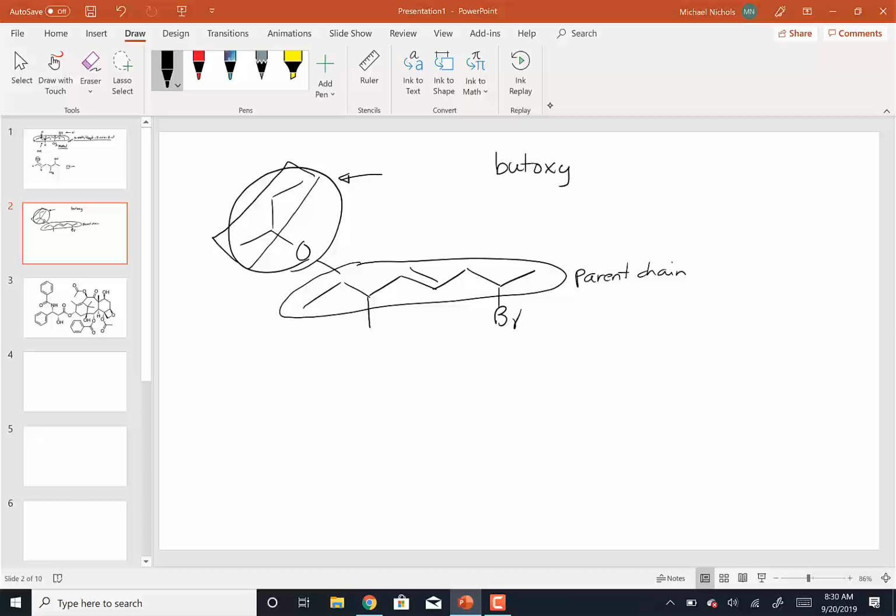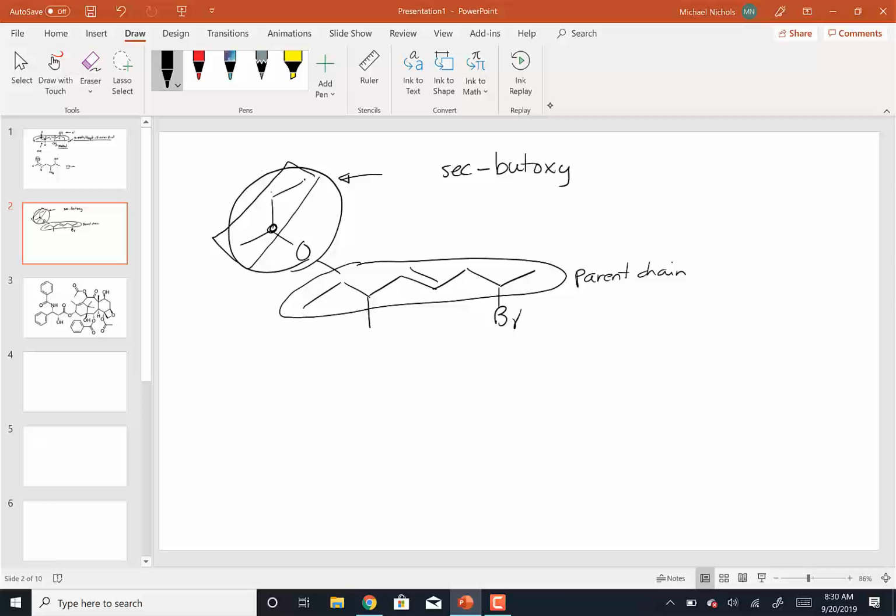No, in order for it to be iso, there'd have to be a CH3, a CH, and another CH3, which there's not. So this would actually be a sec-butoxy group because that is a sec-butyl group. Why is it a sec-butyl group? Because this is the butyl group where the attachment point is what kind of carbon?